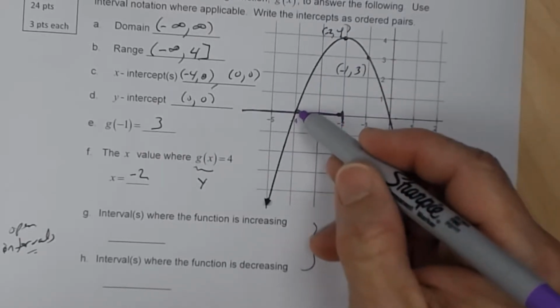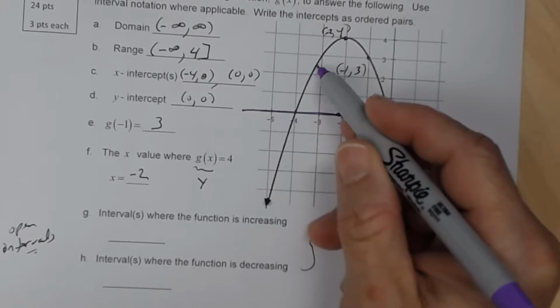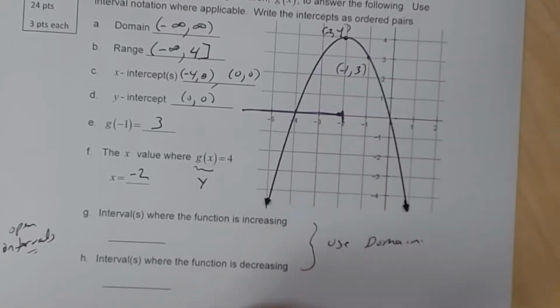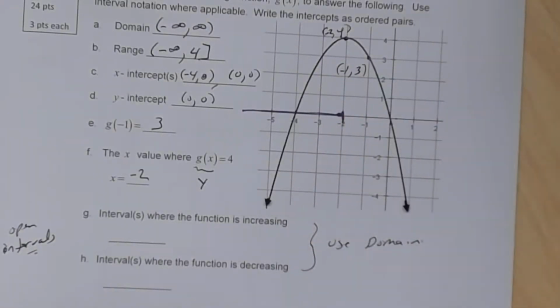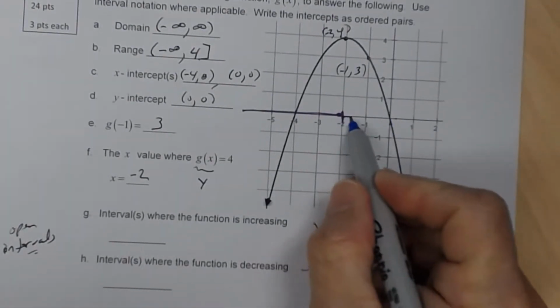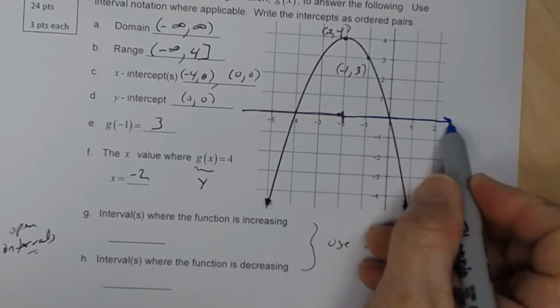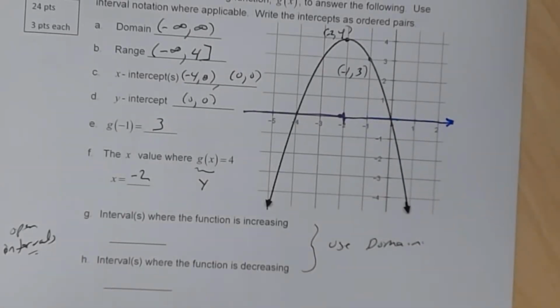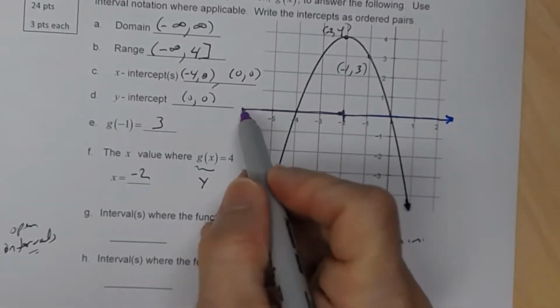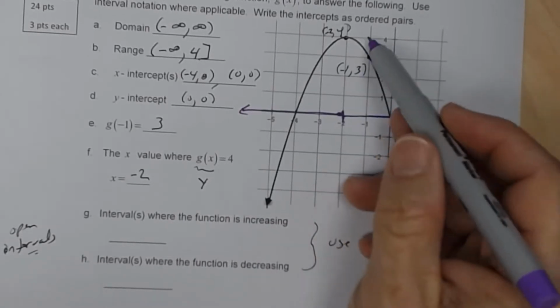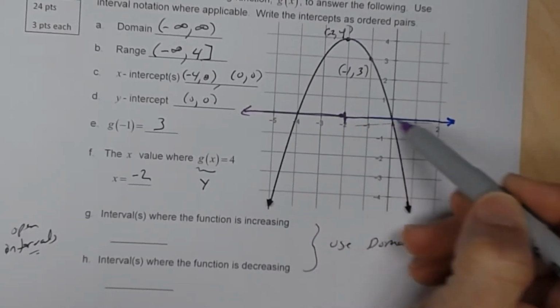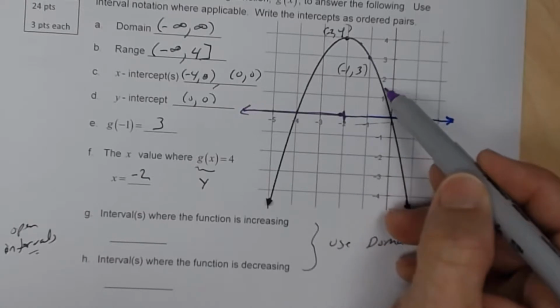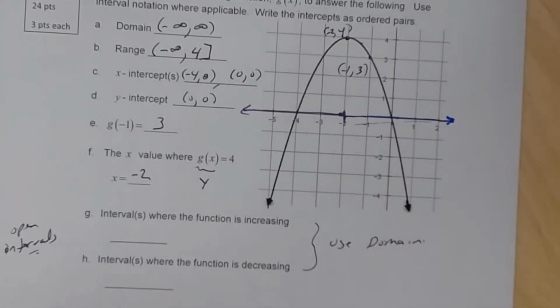Notice each of those points, your y value is getting larger and larger. And then from negative 2 to infinity, and I forgot to put an arrow here, from negative 2 to infinity, in this interval, your y values are decreasing.